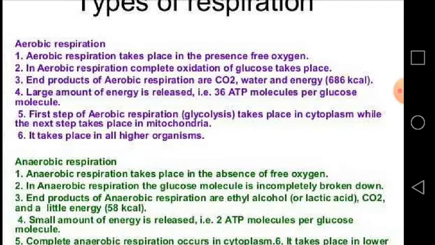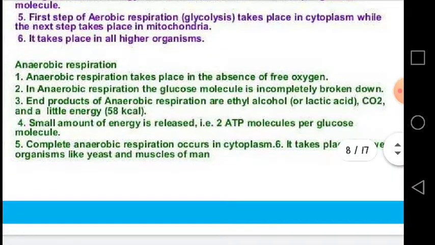This process of aerobic respiration is done in two phases. One phase is completed in the cytoplasm and the second phase is completed in the mitochondria, and usually it happens in the higher organisms.